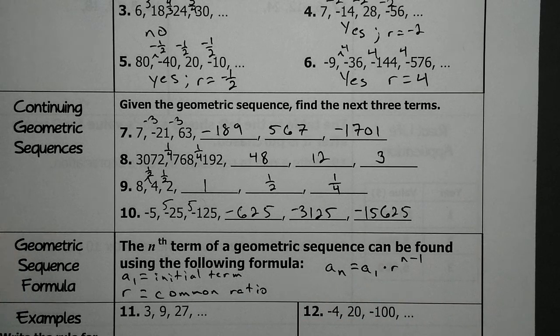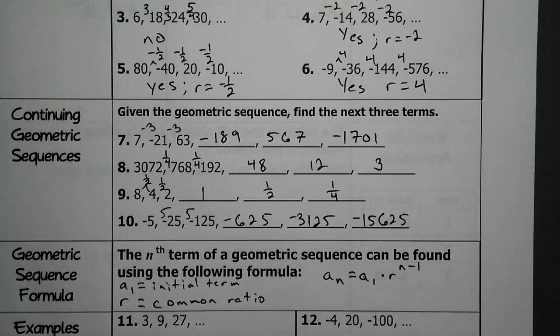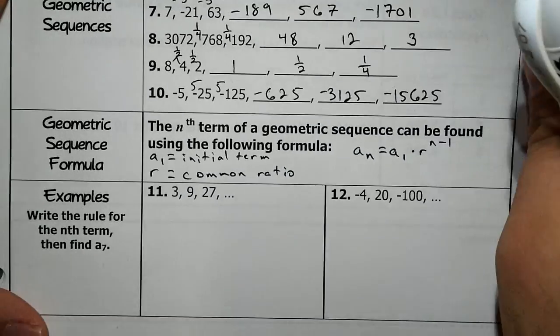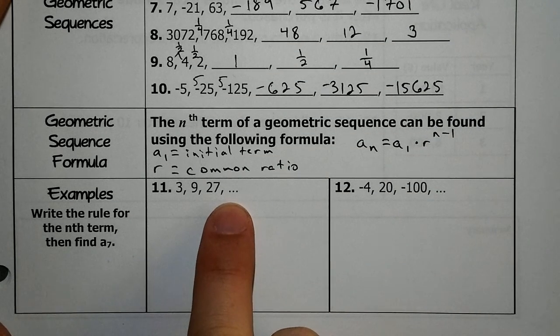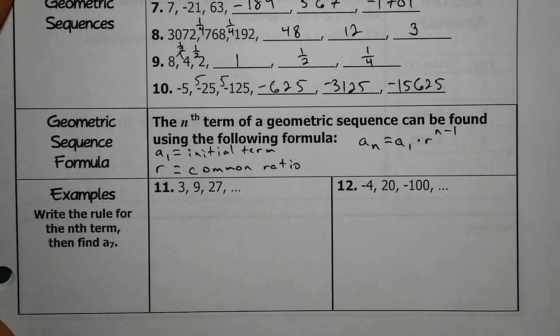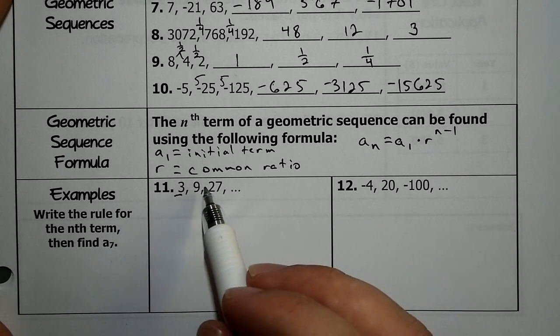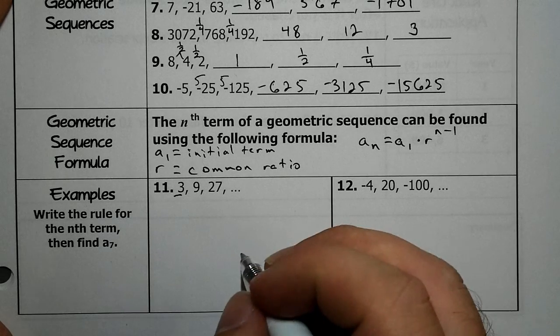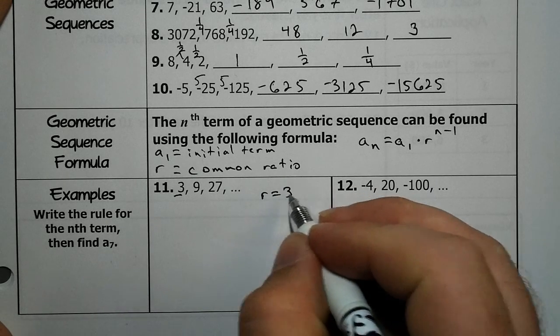So now, let's use this in our formula to get any term we need. Number 11, we've got 3, 9, and 27. So we know our initial value is 3, and 9 divided by 3 gives me 3, so my ratio is times 3.